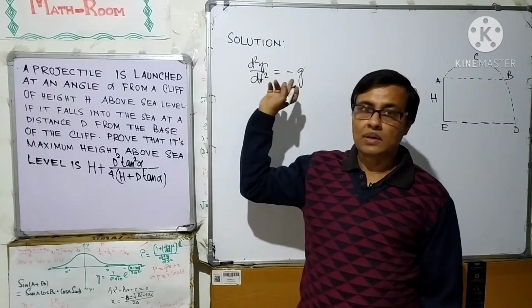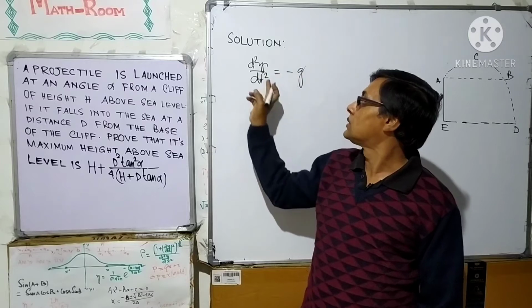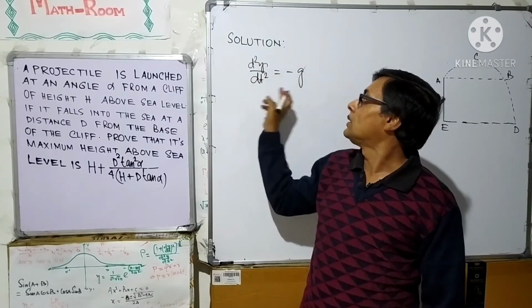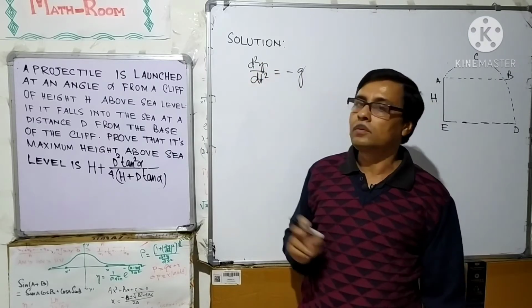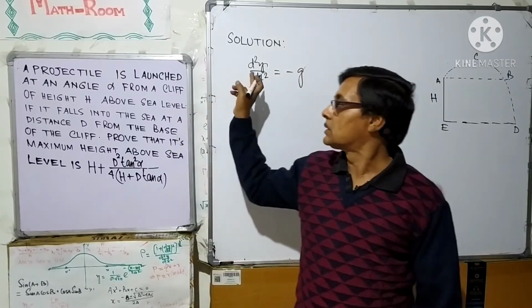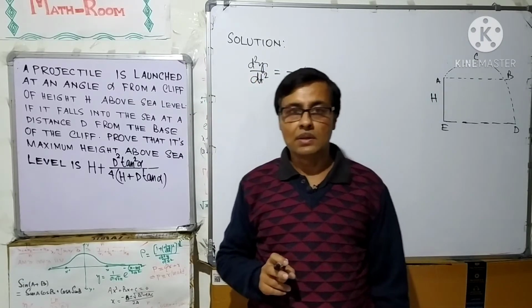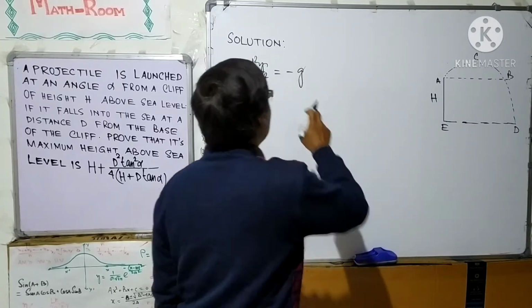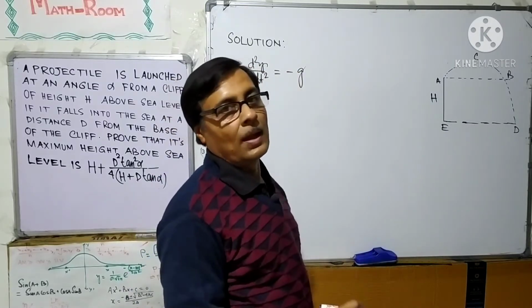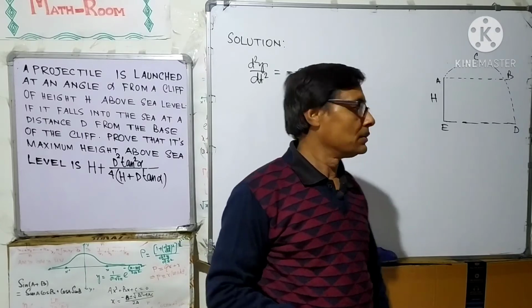This is the vertical equation of motion, d2y dt2 equal to minus g, where g is the acceleration due to gravity.